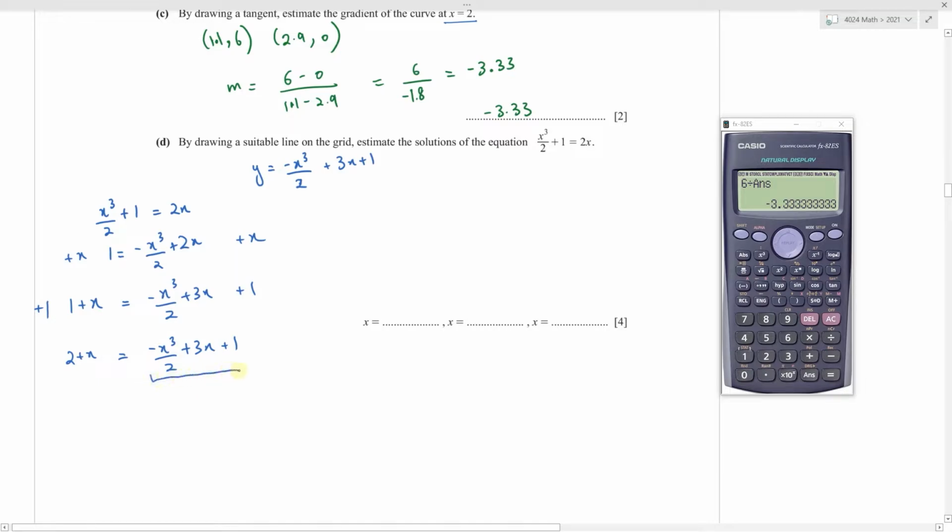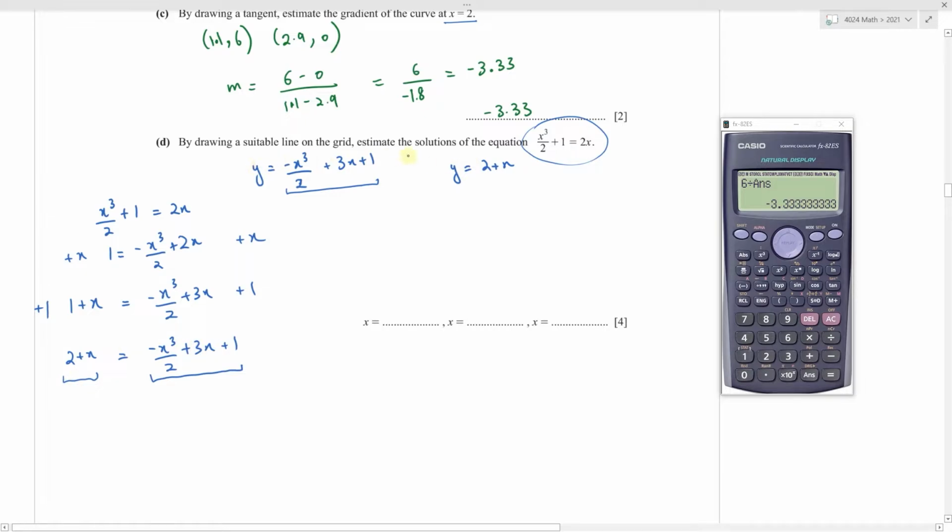Now this side of my equation is exactly the same as this, and the other side of my equation is 2 plus x. So that means the other equation that I'm looking for is y equals 2 plus x. If we solve them simultaneously and eliminate the variable y, we get this equation, because we started from this and created these two equations.